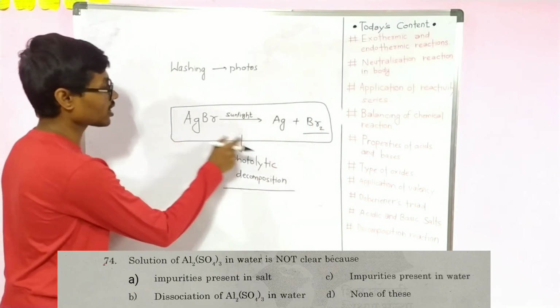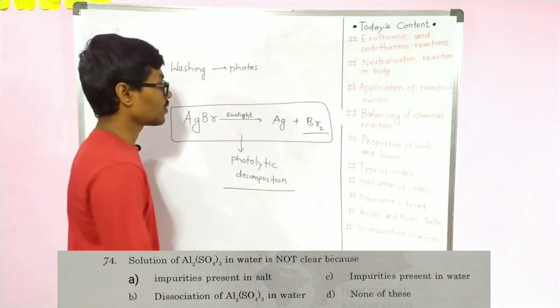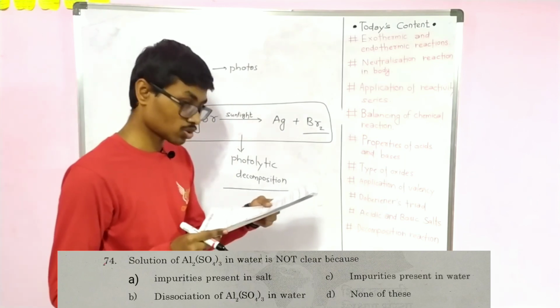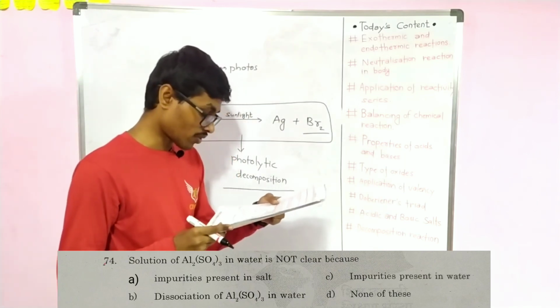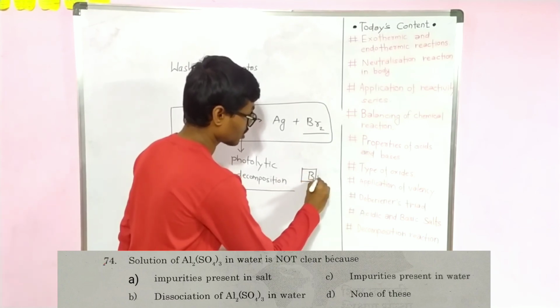So when AgBr decomposes in the presence of light, Ag and Br2 form, which is gray in color. So the correct answer for this question should be photolytic decomposition of AgBr, which is option B.